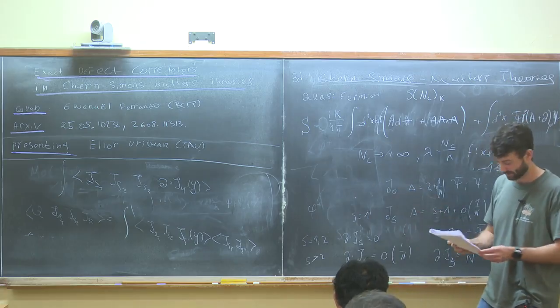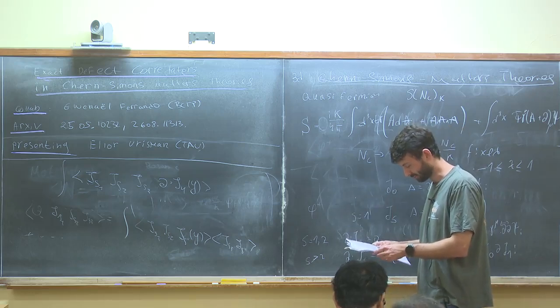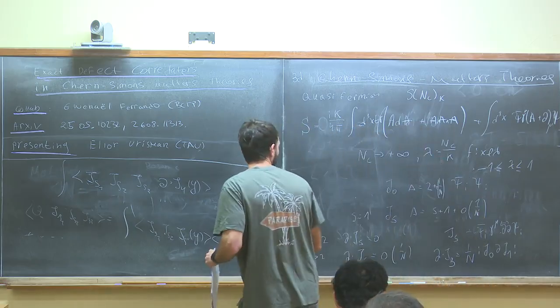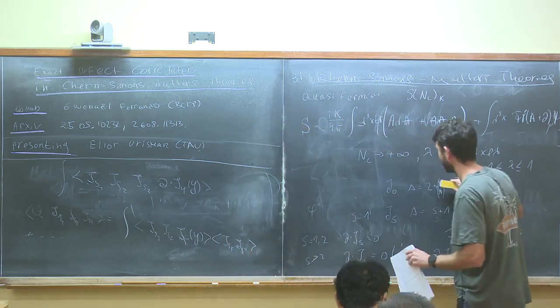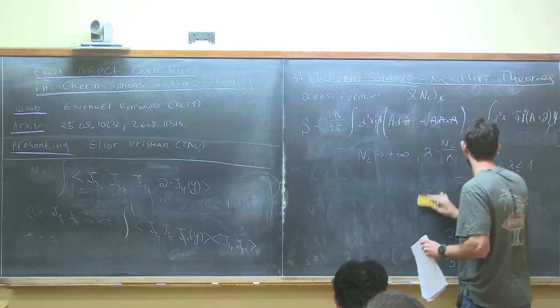Good. So actually, it's good that you ask questions about this because I'll be using this kind of heavily later. Let me finish with the fact that these theories also admit line operators.